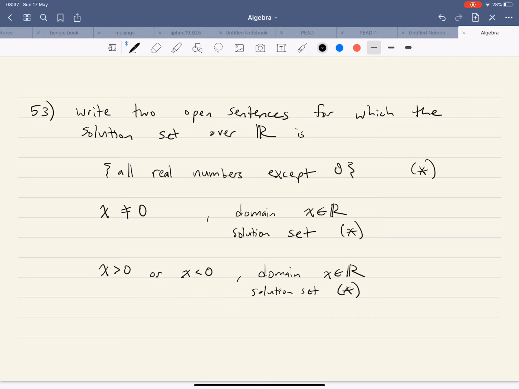Now, another one that I think is cool is, I want to put something in as x and wind up with something that's different from 0.